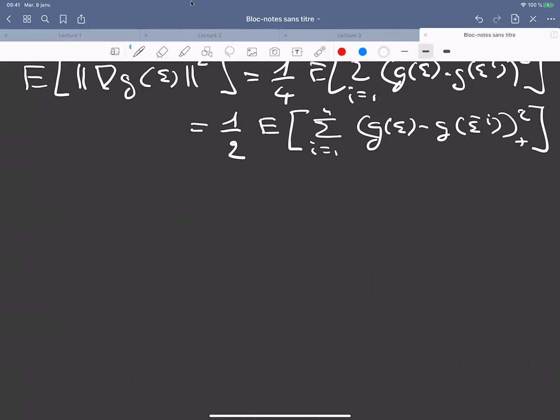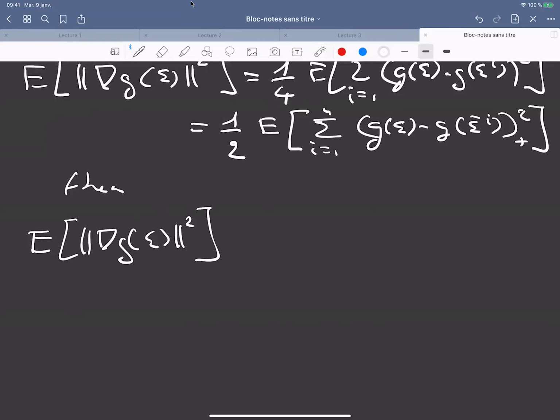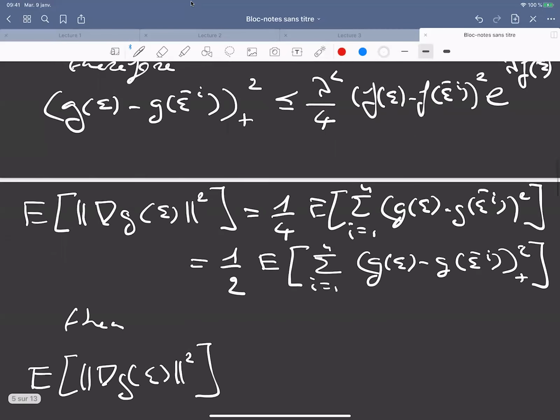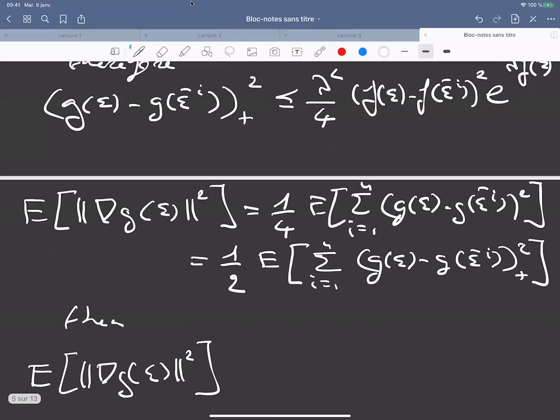And then the expectation of the norm square of J of epsilon square. We use the inequality that we have proved here. This one here.